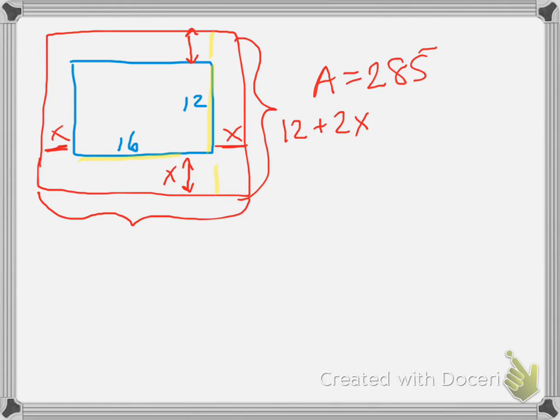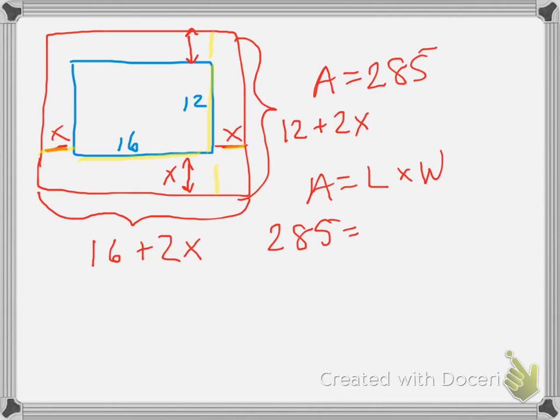So it's 16 plus x plus x, so this side is 16 plus 2x. I know that area is length times width. The new area is supposed to be 285, made from 16 plus 2x times 12 plus 2x.